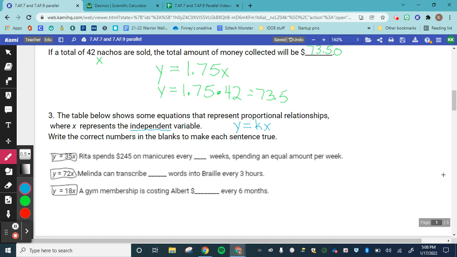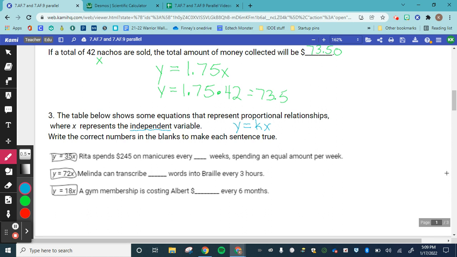Like it tells you here, x is independent. The x, you can put any number in, but the y is the dependent variable because the y depends on the x and the constant of proportionality. So the x is the boss and the y depends on it.